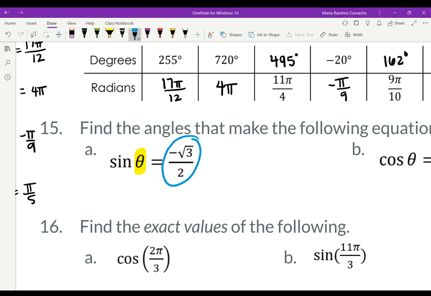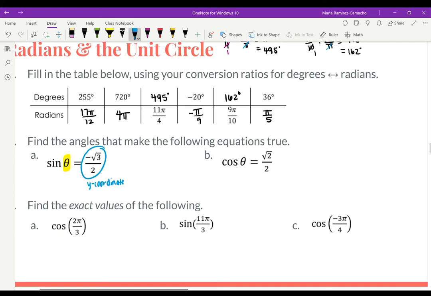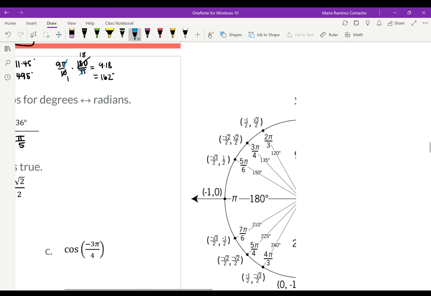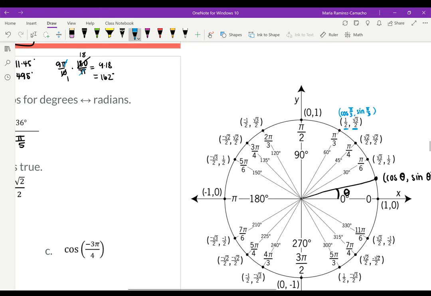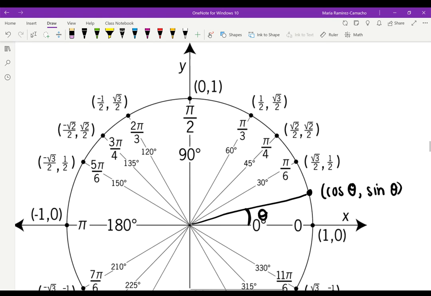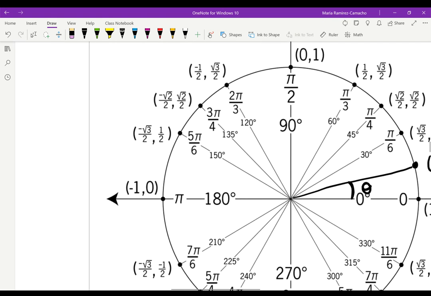In other words, let's look at the points on the unit circle where the y-coordinate is negative root 3 over 2. And those angles will be our solutions here. So let's see, negative root 3 over 2, moving around the unit circle.